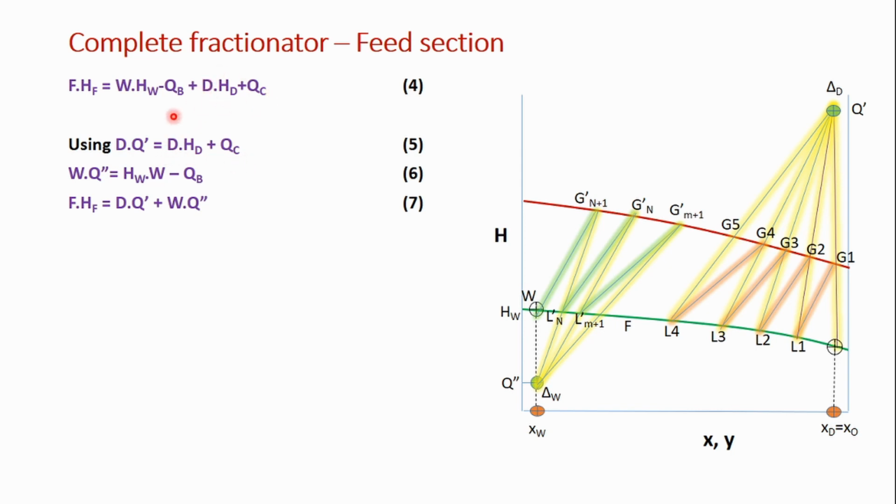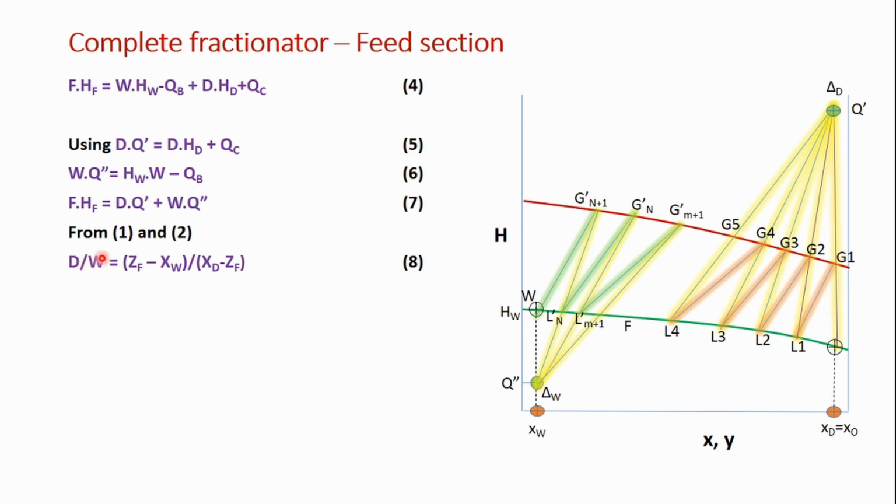So for these two we can substitute D into Q dash, and for WHW minus QB we are going to substitute W into Q double dash. So this term will be substituted for these two terms. So I will get an expression which is FHF is DQ dash plus WQ double dash.